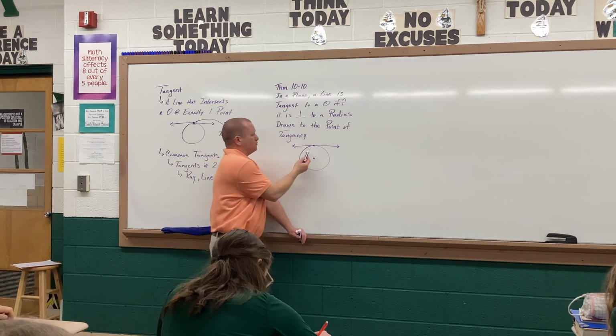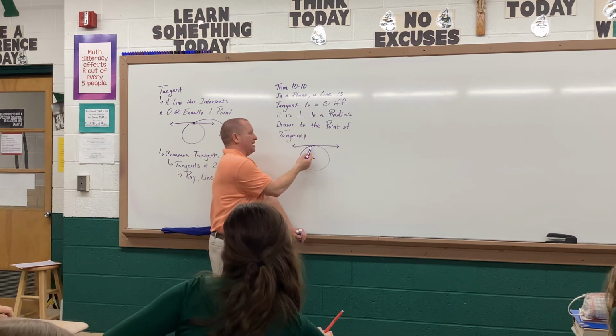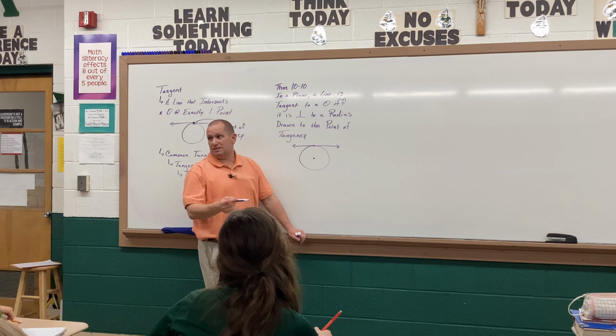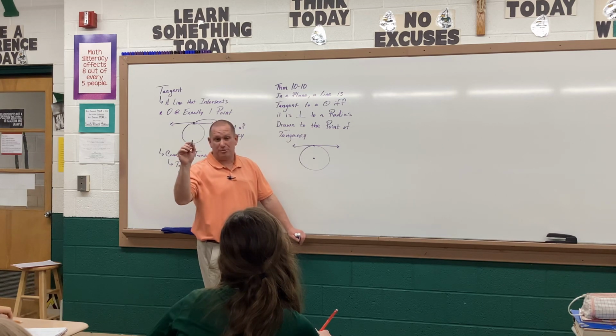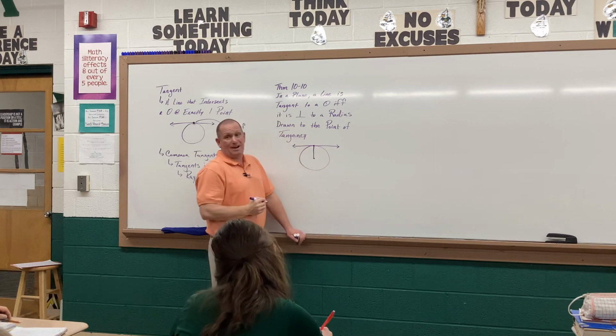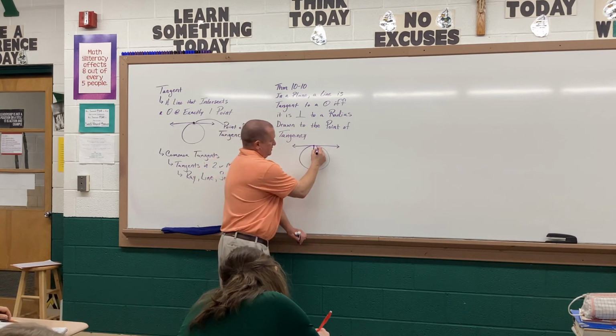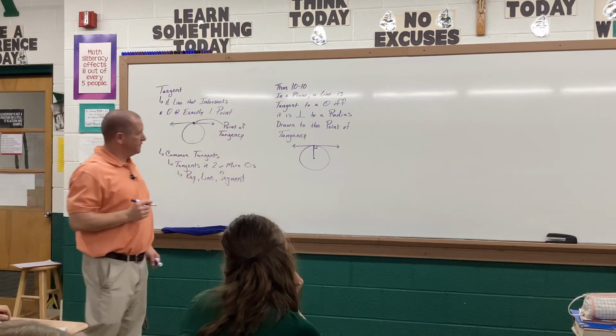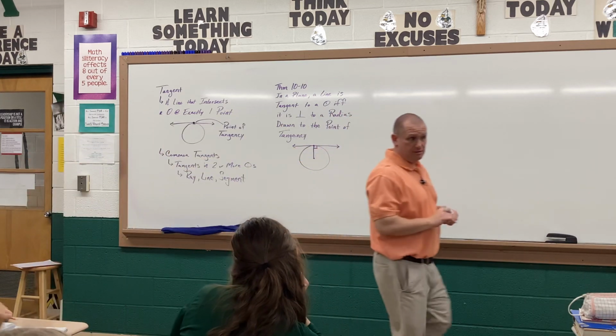Yes, Riley's going to make an argument: well, it's touching right here, right here, right here. But realistically, it's a thin piece of paper or a thin pencil, so it's only touching once. So this one's saying, when I draw that radius, this is perpendicular. That's what that theorem says.